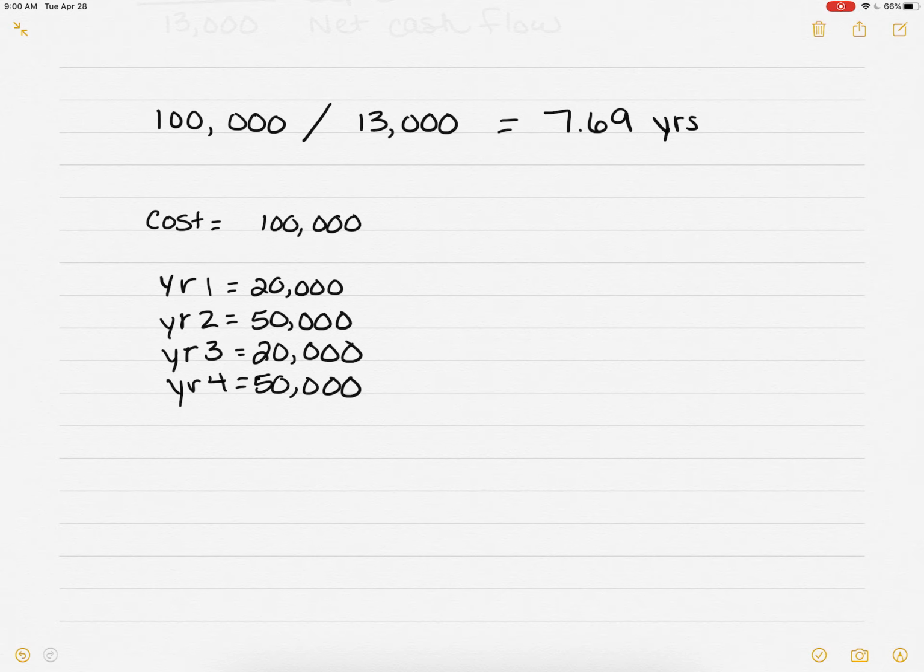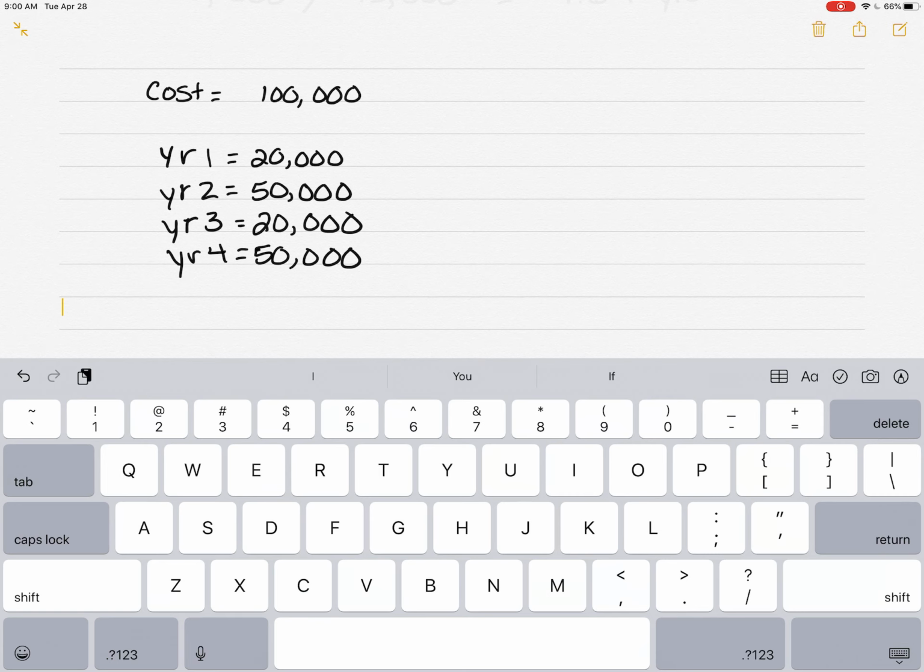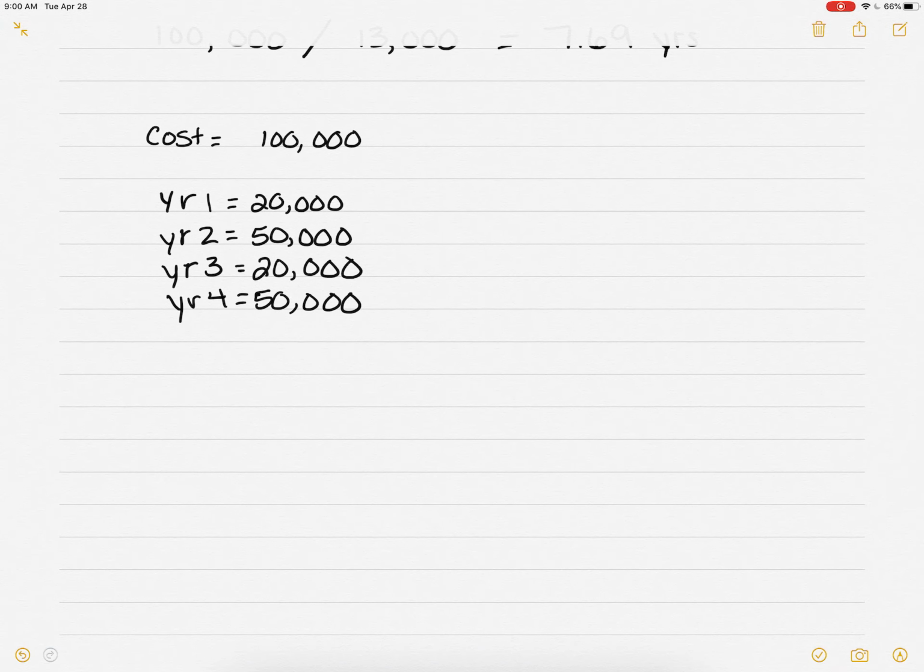So what I'm going to do is just add up each year until I get to that $100,000. So I have 20 plus 50, 70, plus another 20 is 90. So I need 10 more $1,000 to make up that 100,000. So I'm going to take 3 years plus what this divides out to be.